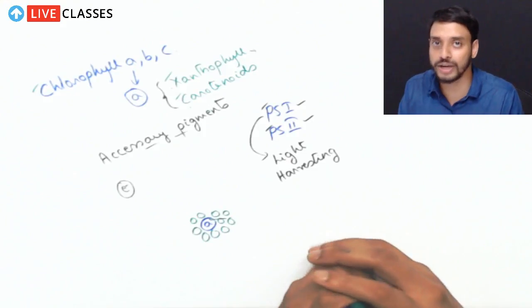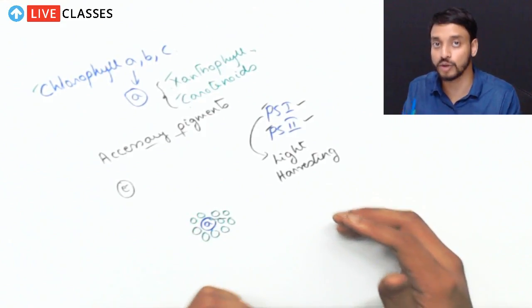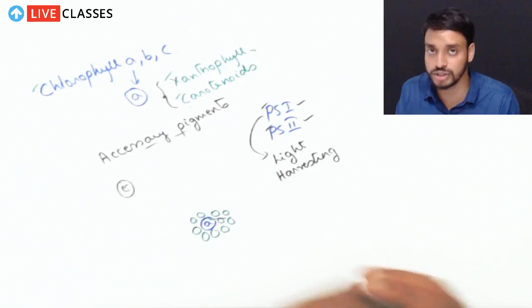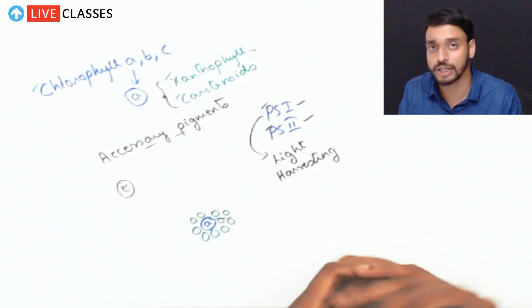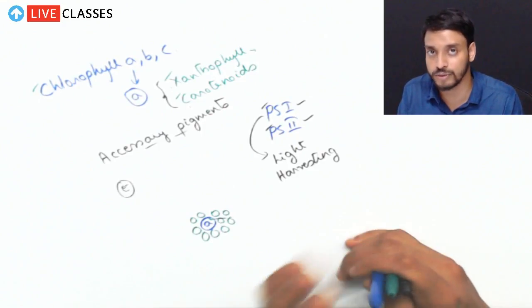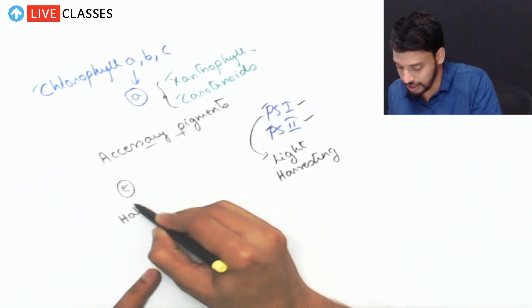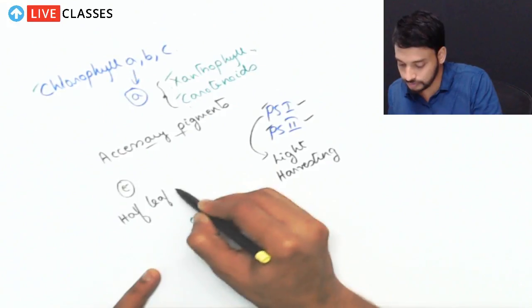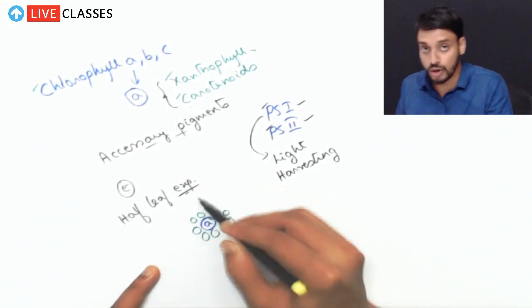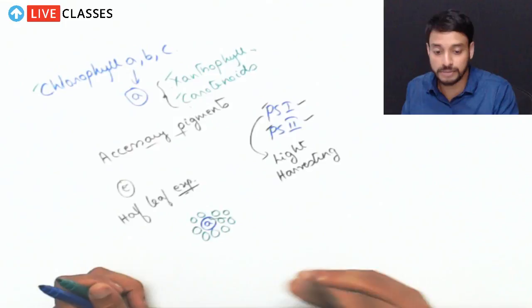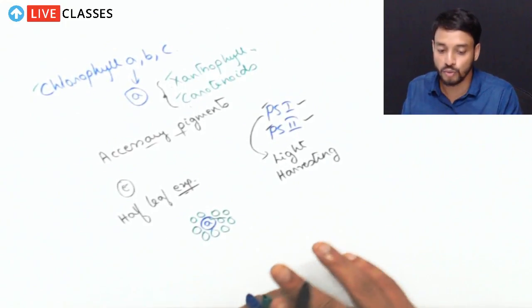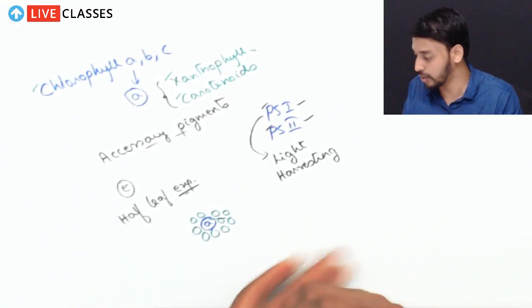It's KOH, right? In which experiment did we see this KOH used? It was called the half leaf experiment. Okay, half leaf. Correct. Now this is very important because you may be asked to describe what this half leaf experiment is.